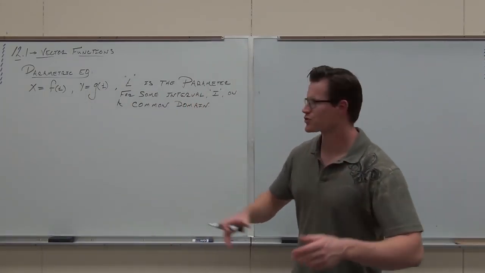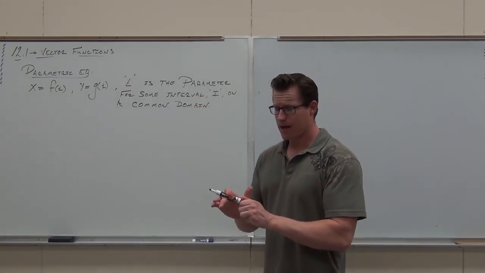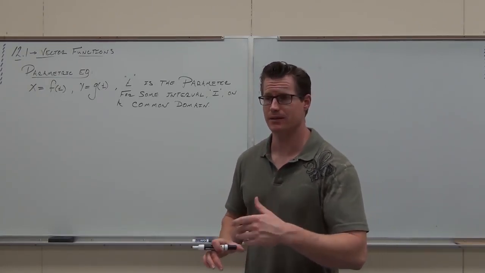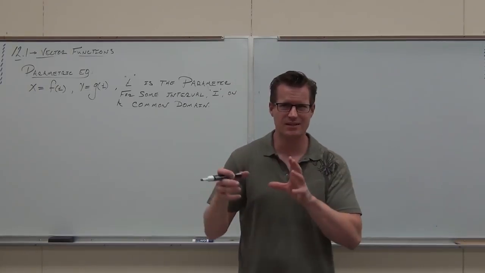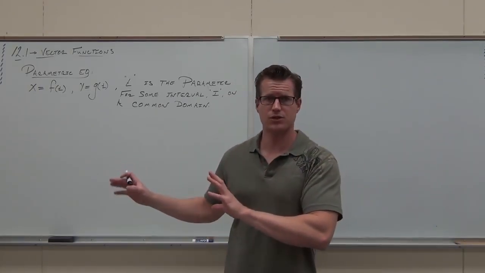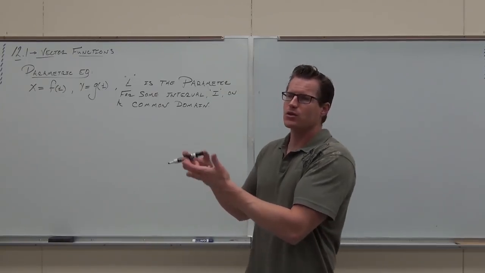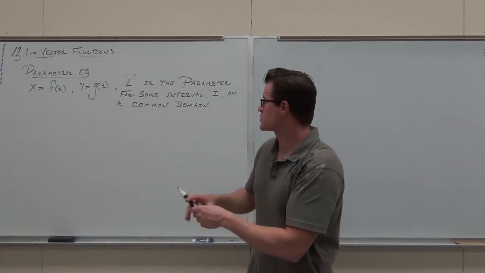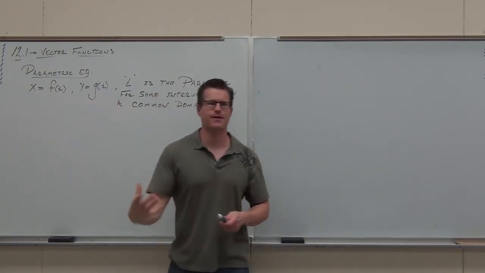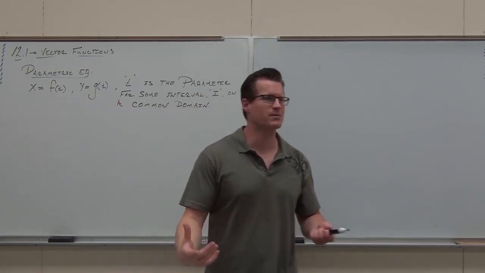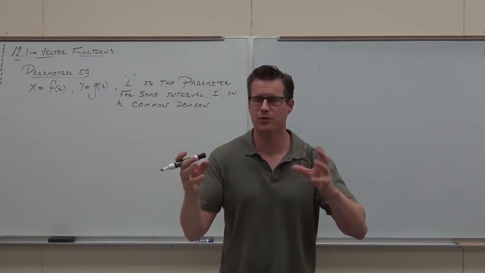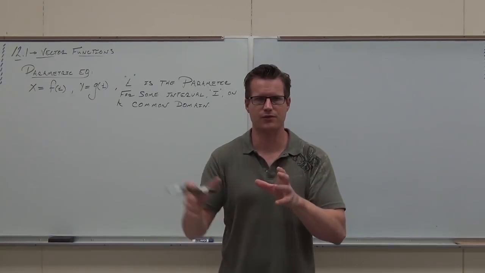If you want like the English translation of this, it says, hey, you know what? X and Y are now no longer independent variables. Either one, they're both dependent. They depend on t. This t is the only variable that you can plug stuff in on the board right now. So it's called the parameter, and it's going to work for a certain interval so that both of these functions are defined. That's what that common domain means. It means that we got this interval of t for which these t's both work in both of our functions right now. Show of hands feel okay with that.